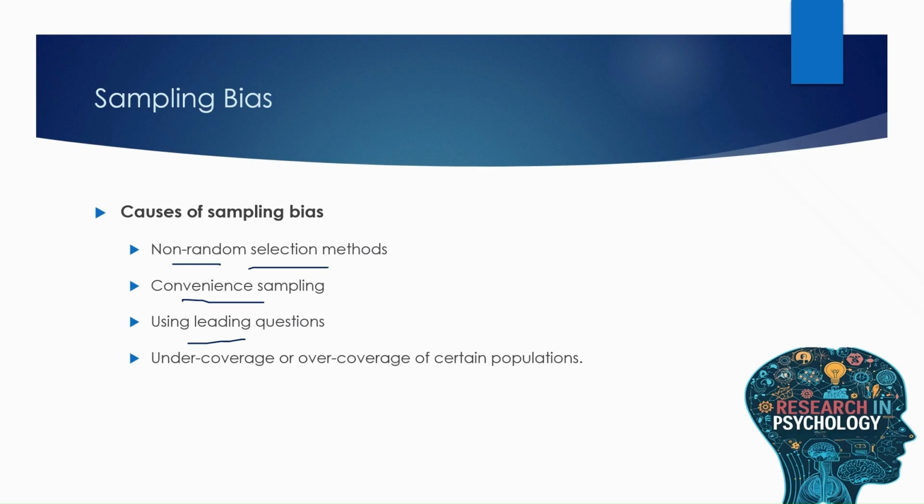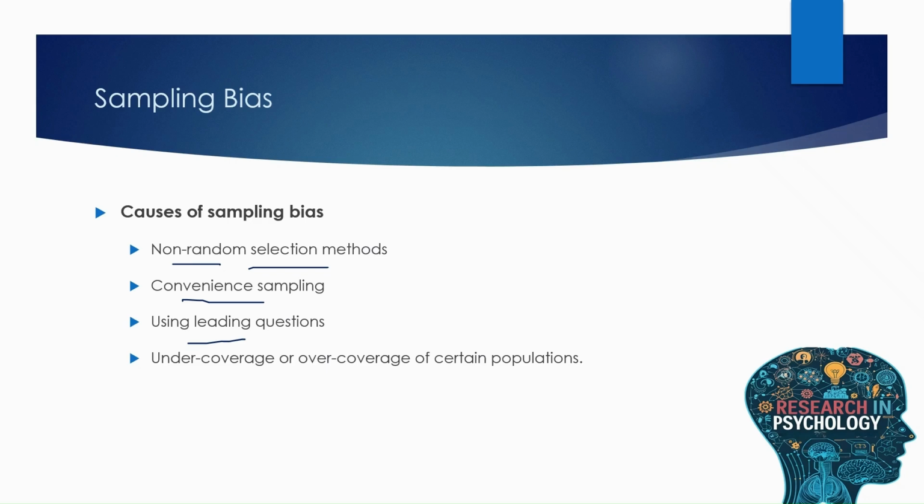So the participant will not be given a free choice, but subtly pointed at, okay, this is what you need to say, or this might be what you should be saying, kind of thing. So it would be leading the participant to provide a particular response. So this would be introducing bias and compromising the validity of the research. All right. So that is leading questions.